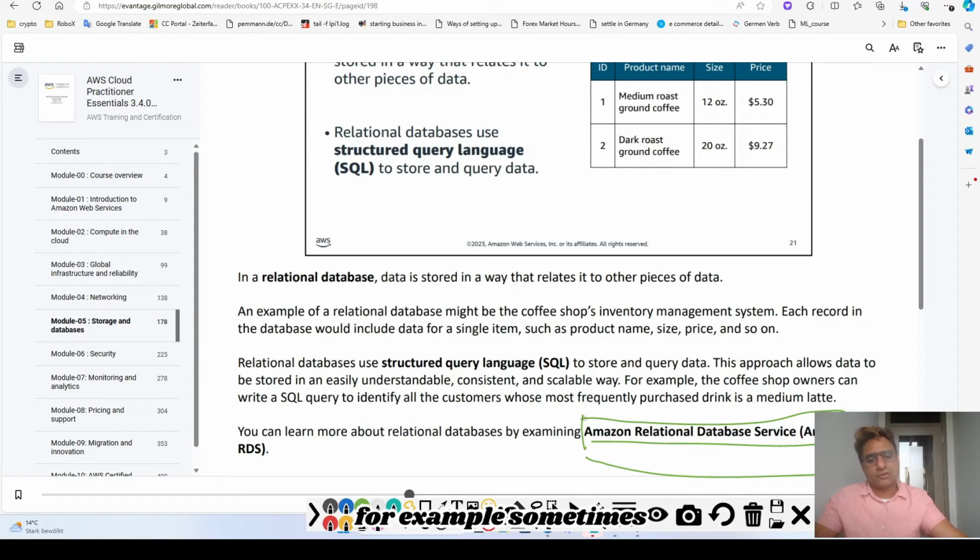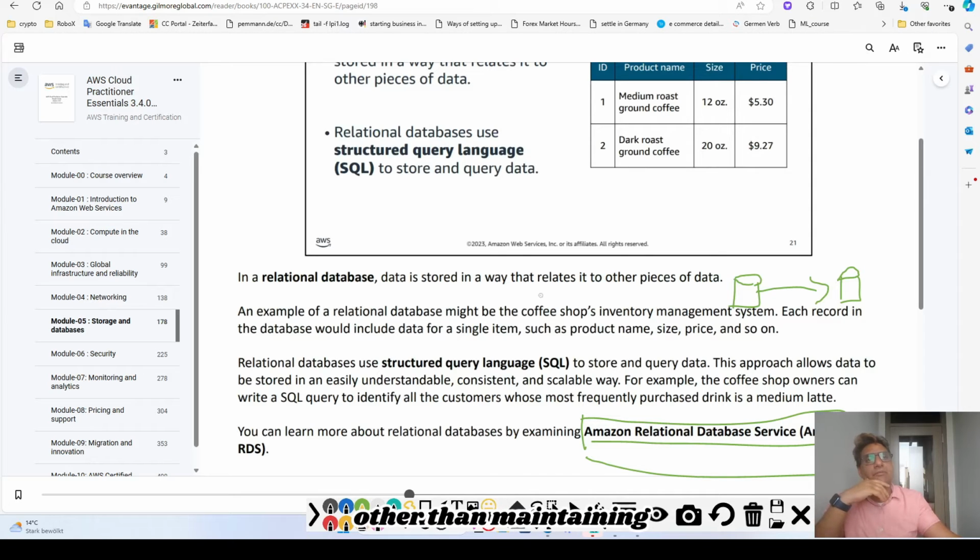For example, sometimes you need a migration of a database from one place to another, and in those cases, no worries, the AWS service RDS can come into the picture. This is the beauty of the cloud: cloud service providers, because of the competition, provide a lot of IT services which in the past needed a full-fledged expert with a high salary to do.